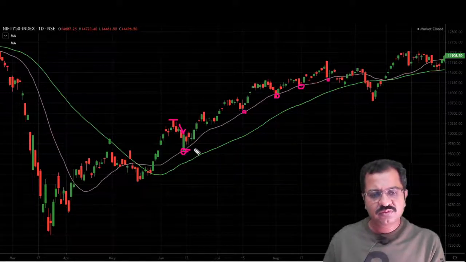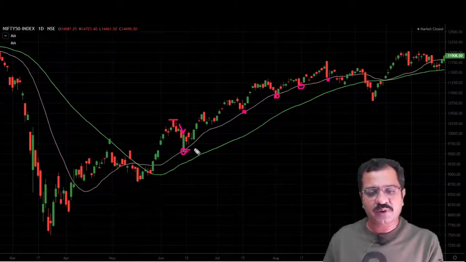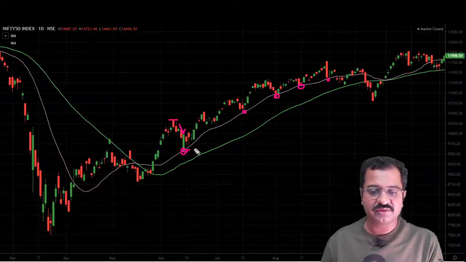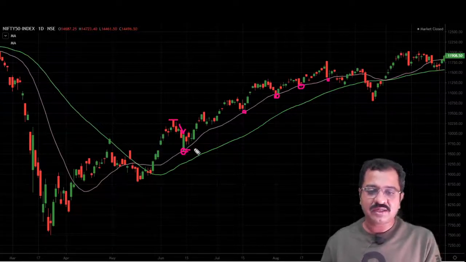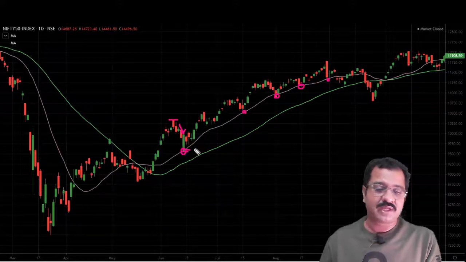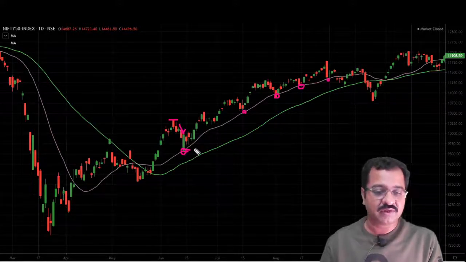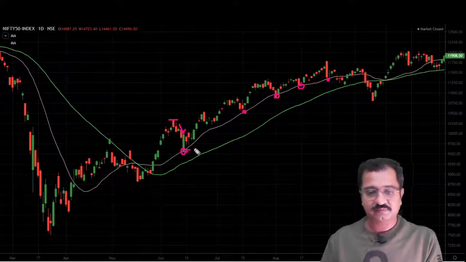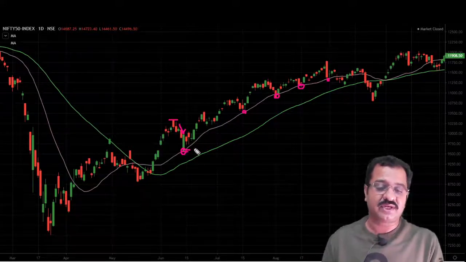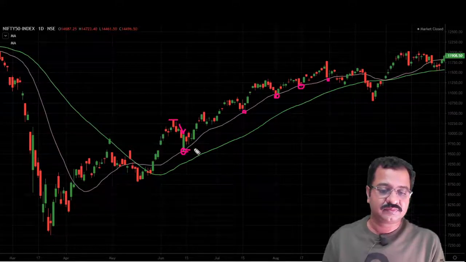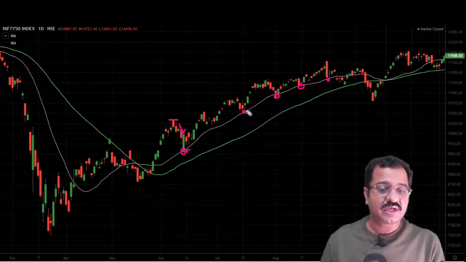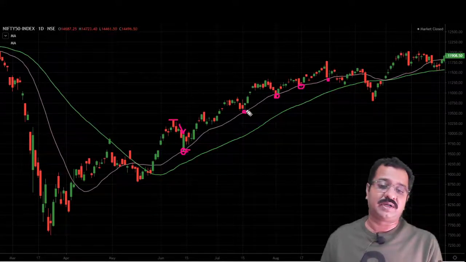So you can go through different charts of different stocks and see how price behaves in different time frames with the moving averages. You will find that sometimes price respects the 20 moving average, sometimes it respects the 50 moving average. So you can create your strategy accordingly. These moving averages are very useful for pullback trading.